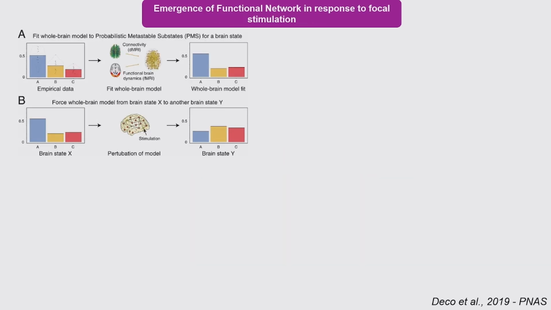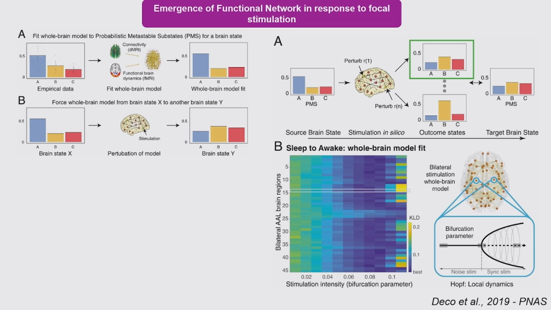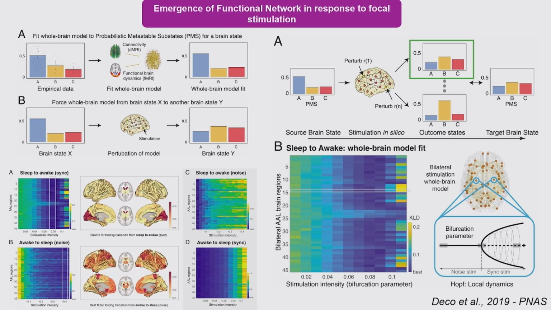They showed that injecting the input and perturbing the brain in some specific area can promote a transition. In this case, they injected the input in some areas and were able to move the brain from a state of sleep to a state of wakefulness. And these are the areas that were most important for driving this transition.